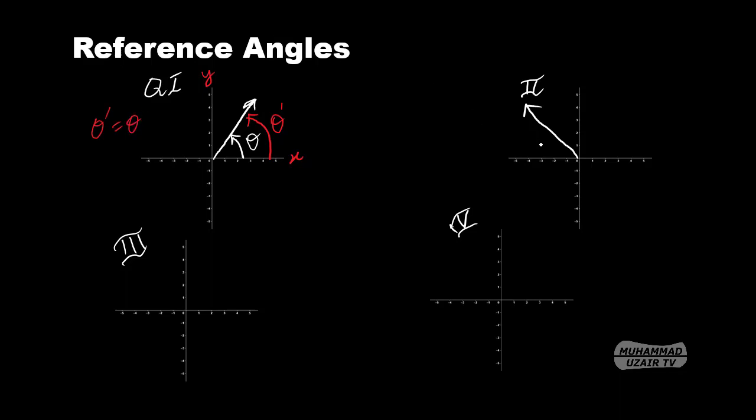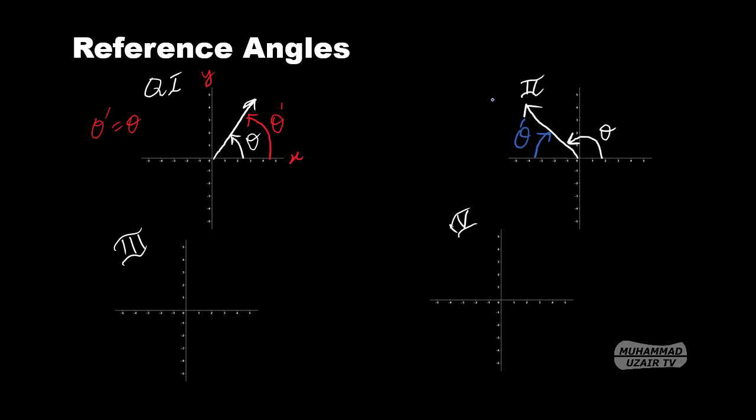In the second quadrant, this will be theta, while this will be, sorry, let me write, this will be theta dash.